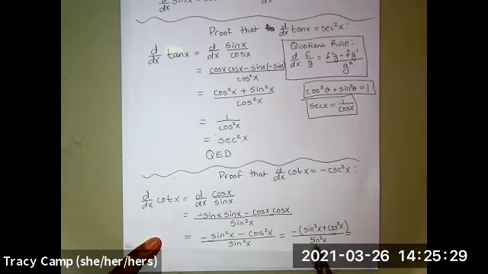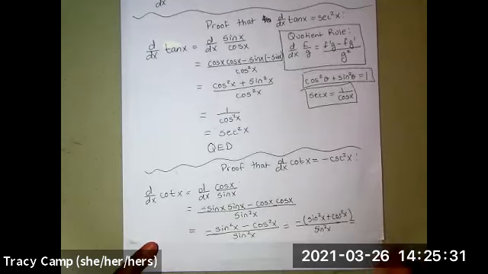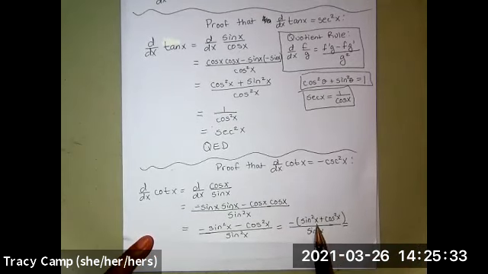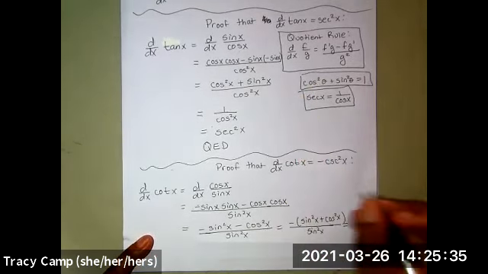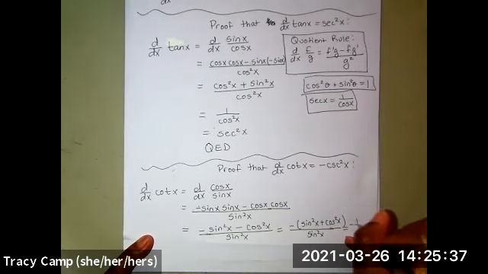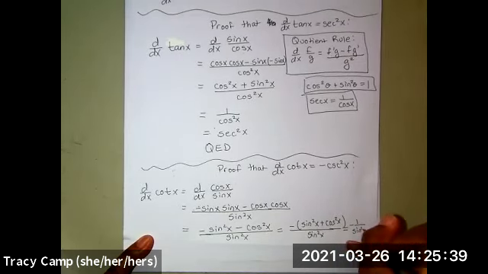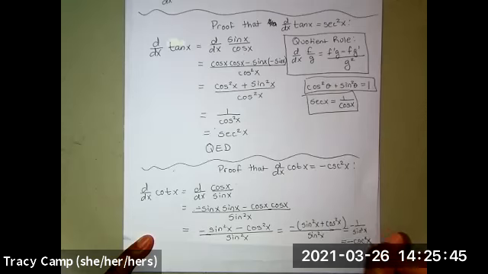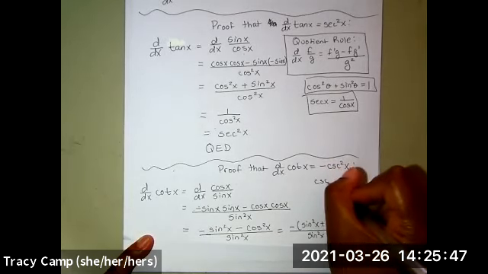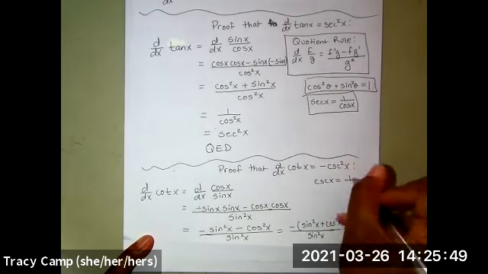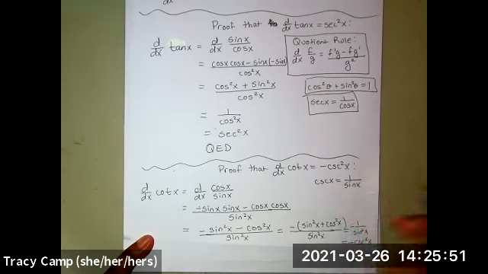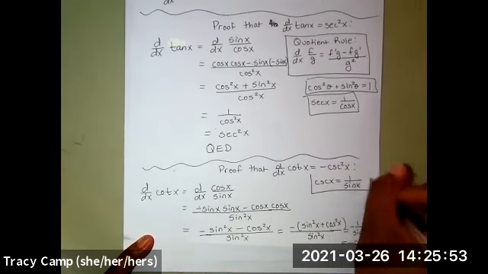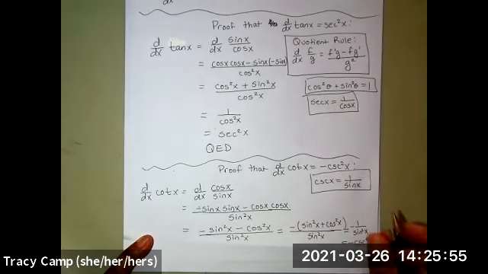And then this, again, using this trig identity, is just negative 1 over sine squared x, which is just negative cosecant squared x, because cosecant is the same thing as 1 over sine. And so there's that one.